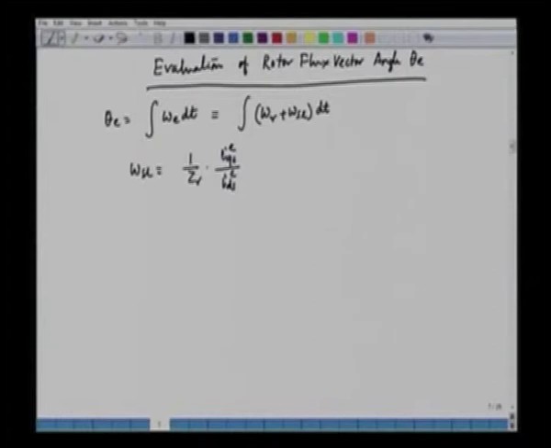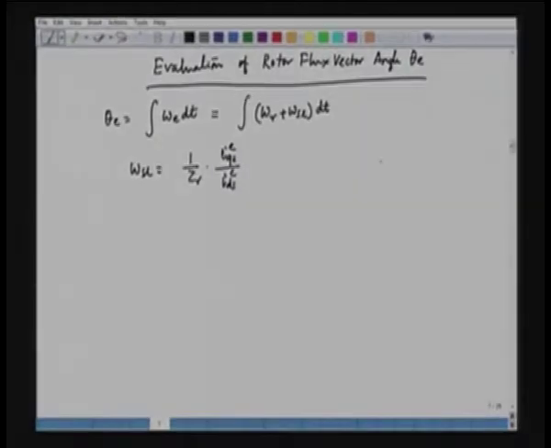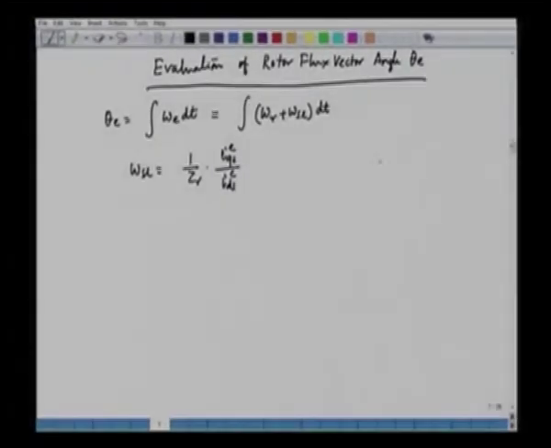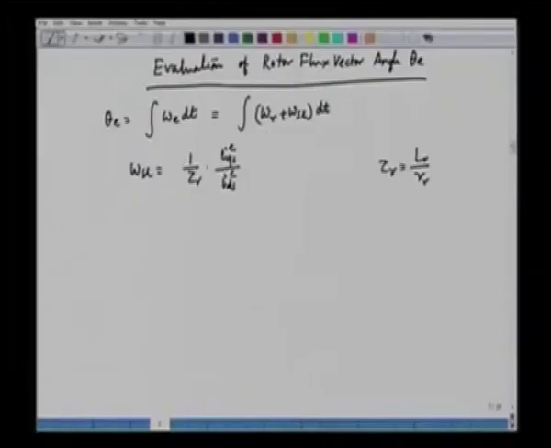So if we know IQS and IDS, and if we know tau R, and tau R is the rotor time constant, that is equal to LR by RR, we can evaluate what is the slip speed, that is omega SL.